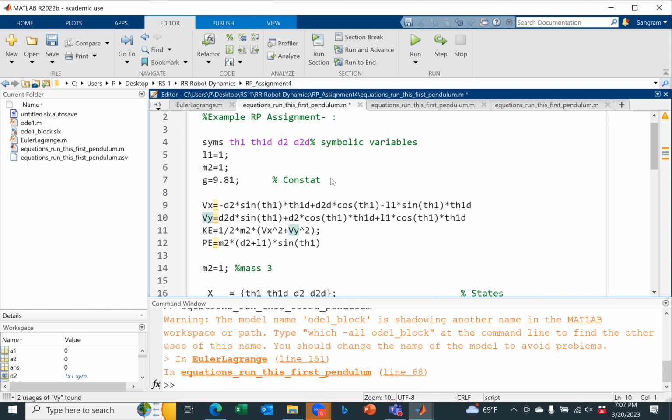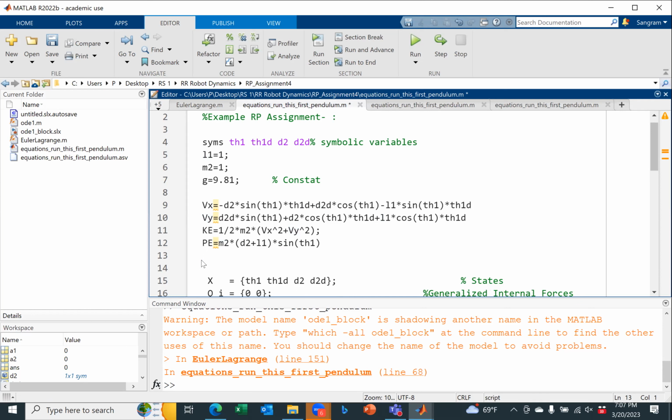Also, Professor, once we look at the top view, the arm is in the horizontal plane. Correct. Then why is not the potential energy zero? You are absolutely right. In this particular problem, the way I have drawn it, this looks like it is in the vertical plane.